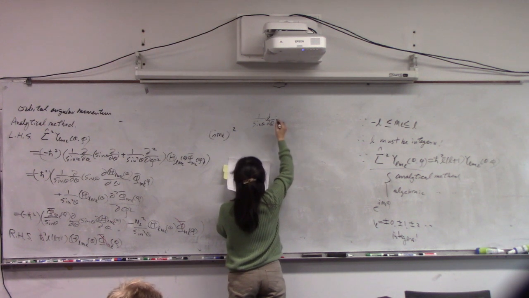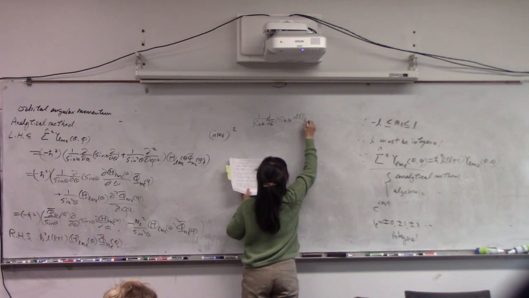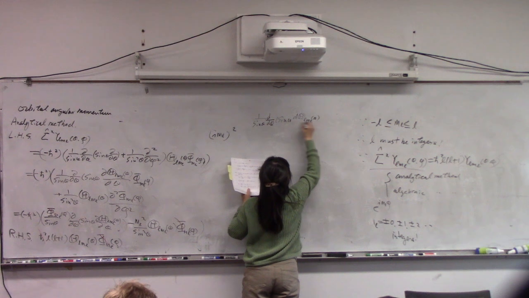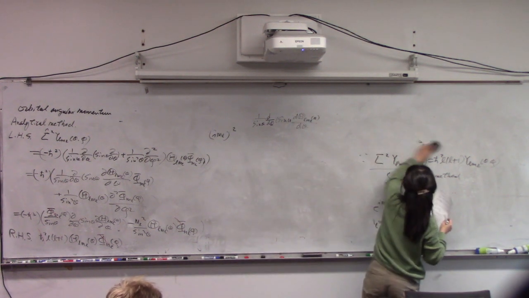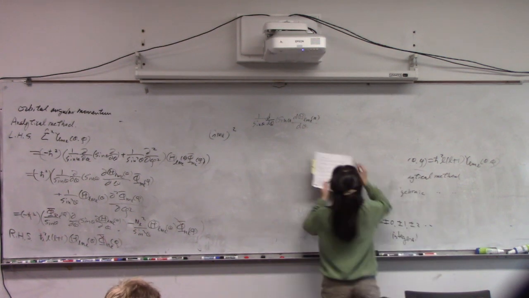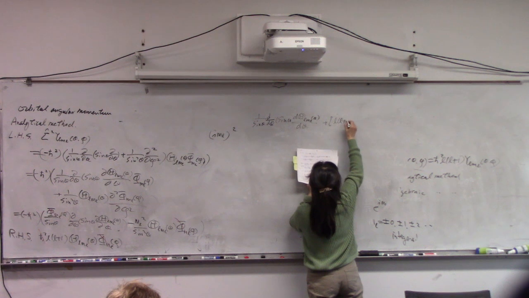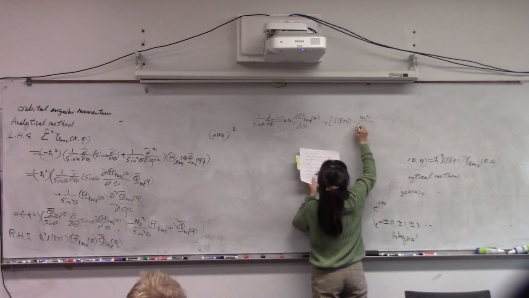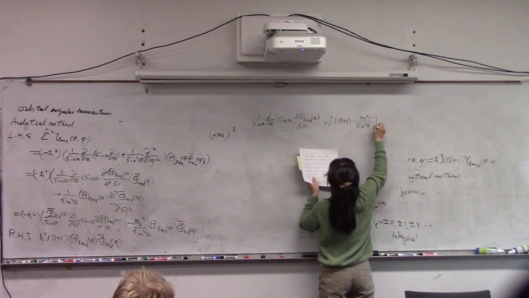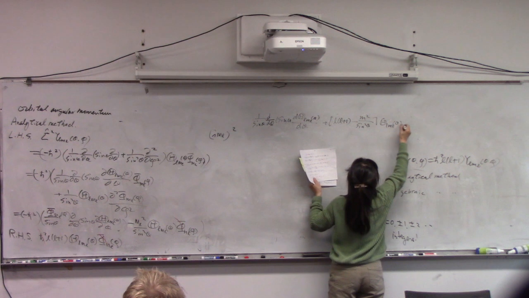Since it is only a function of theta, we can replace partial by d: sine theta, d/d theta of sine theta dTheta/d theta, plus L(L+1) sine squared theta Theta, equals 0.